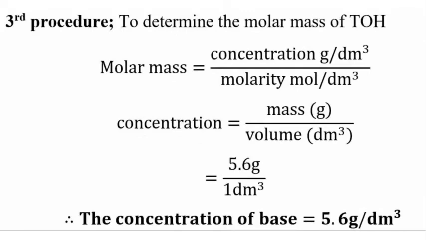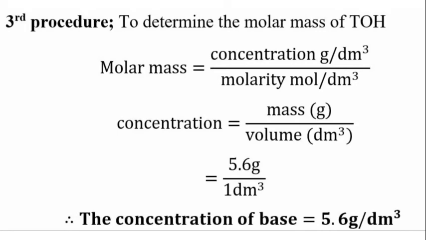Procedure number 3 is to determine the molar mass of T hydroxide. The molar mass is equal to concentration over molarity. Concentration is not yet calculated, so we use mass over volume obtained from the data for making the solution of R1. The mass is 5.6 and the volume is 1 decimeter cube.